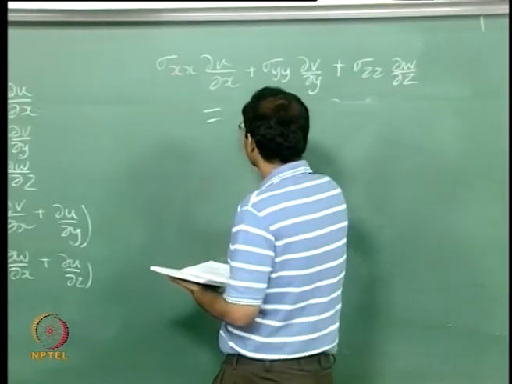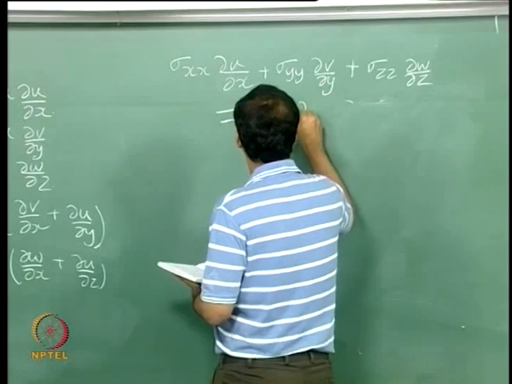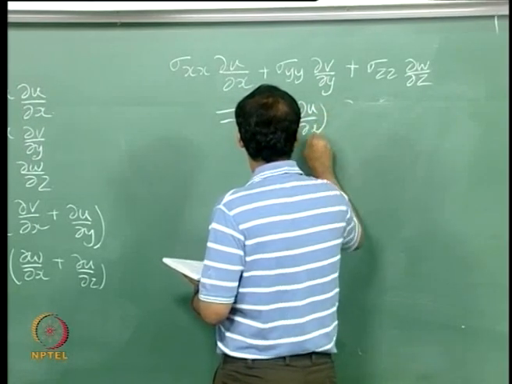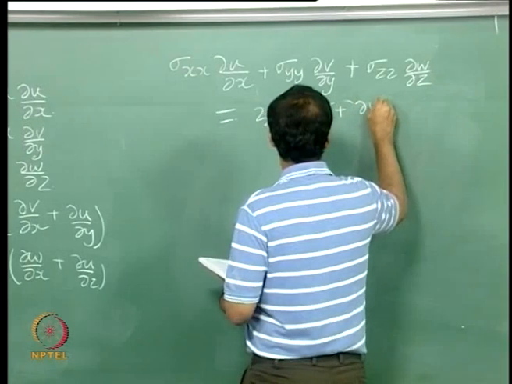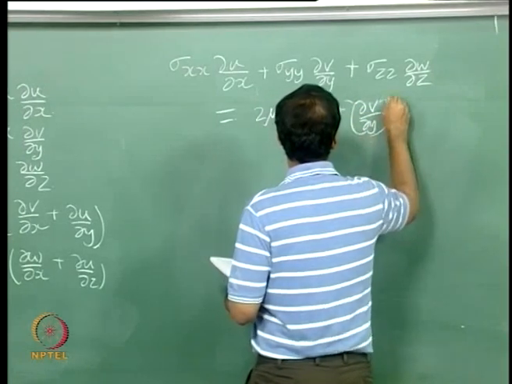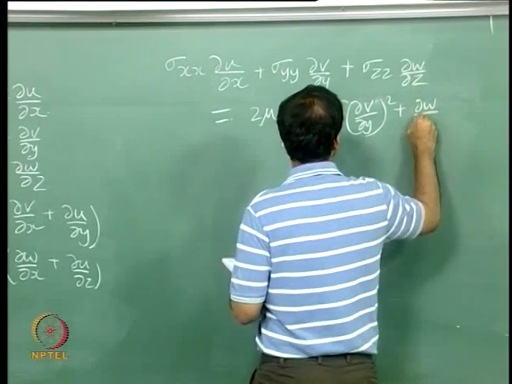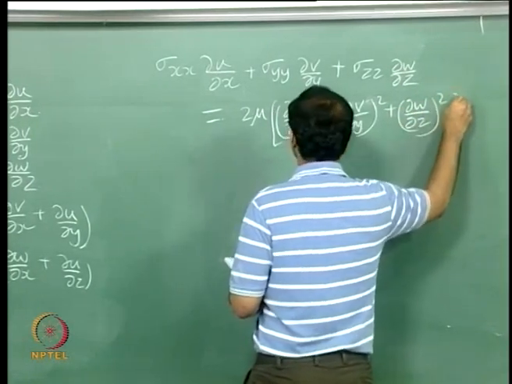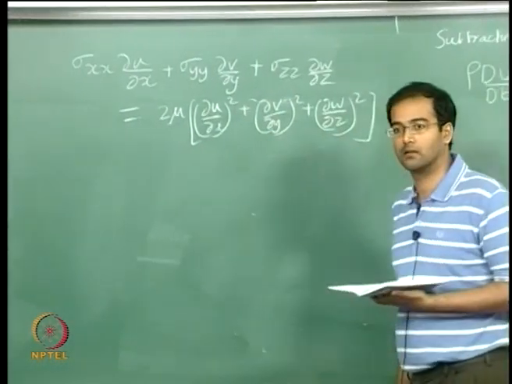So finally you will have 2 nu du by dx the whole square, dv by... Okay.